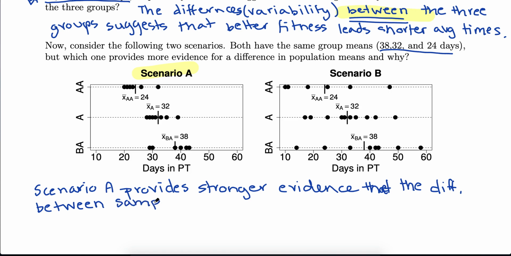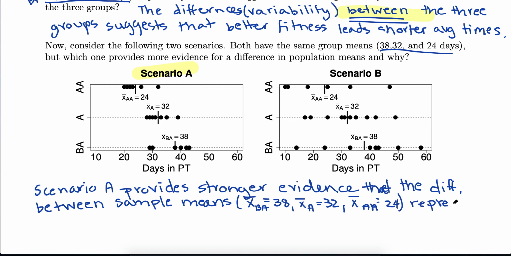Just to remind you of our notation, our X bar for below average is 38, our X bar for average was 32, and our X bar for above average was 24. So the differences in these group means for our samples. Scenario A provides stronger evidence that those differences represent true differences in the population.